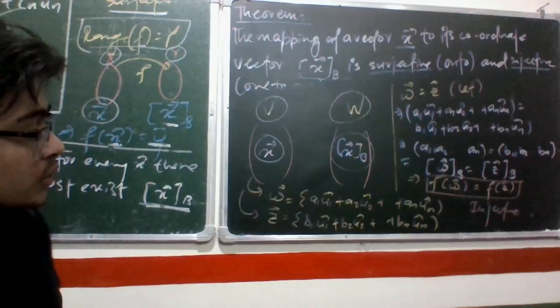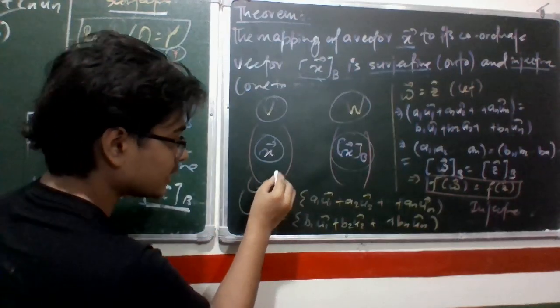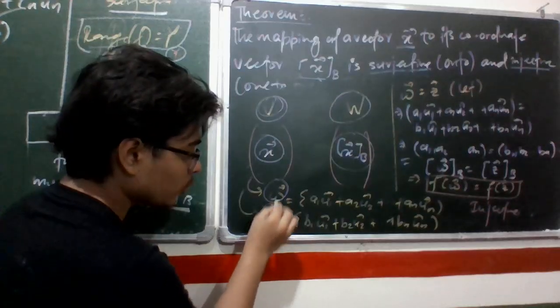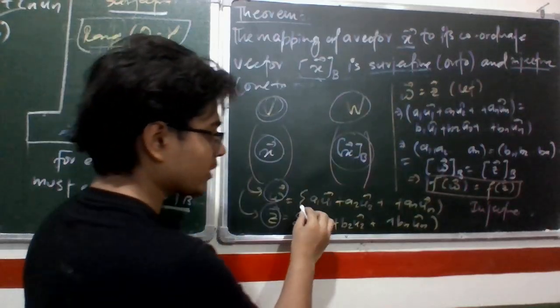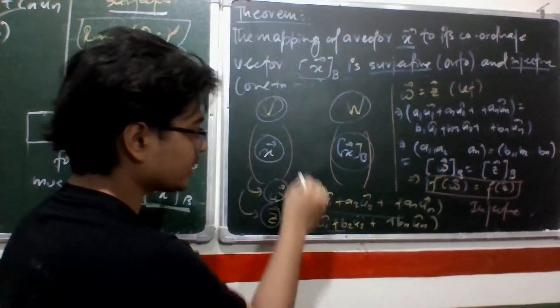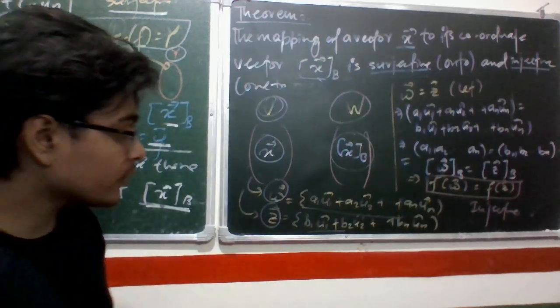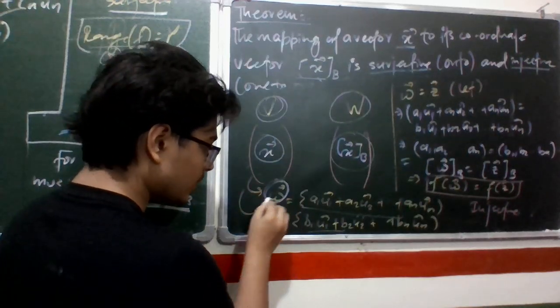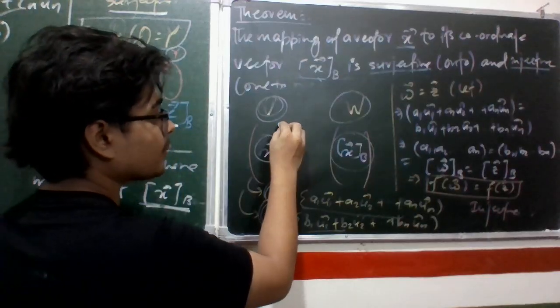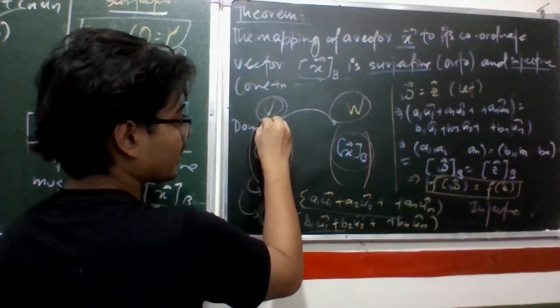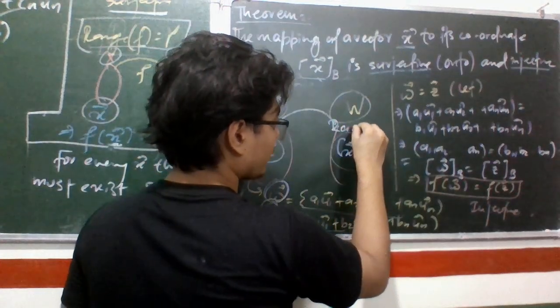And let's suppose in this vector space V there exist two other vectors w and z, which are just linear combinations of the same basis vectors as x. Since we are talking about mapping a function, we can say that this is the domain and this is the range, or codomain.